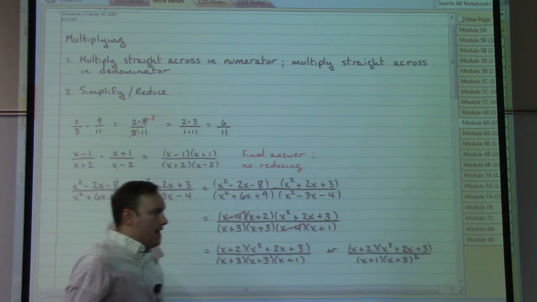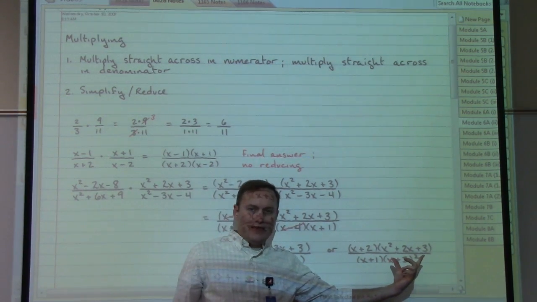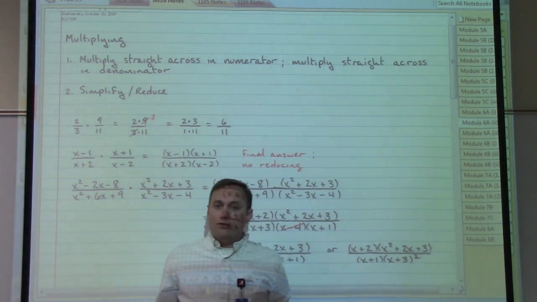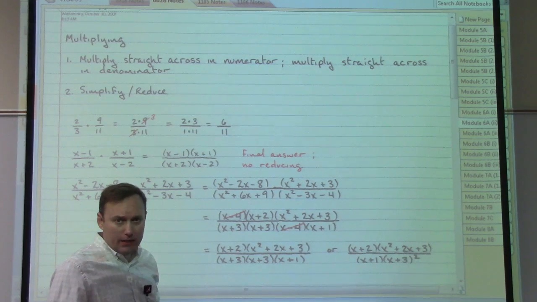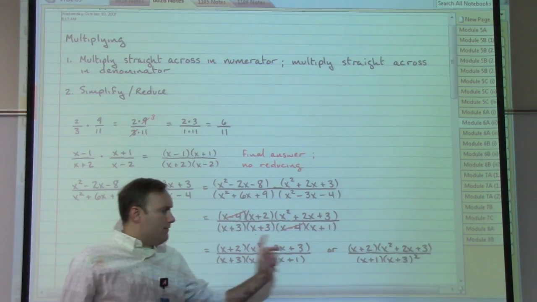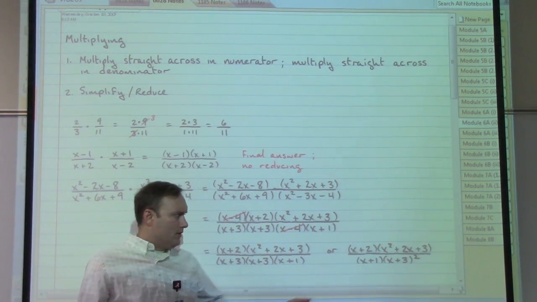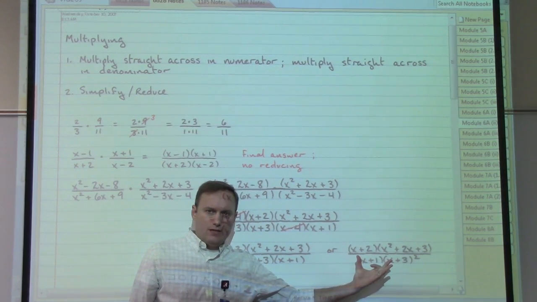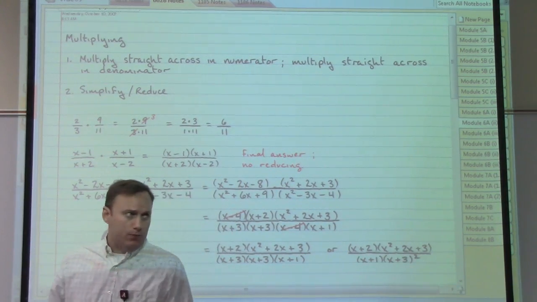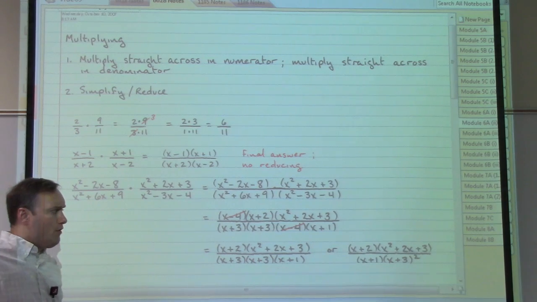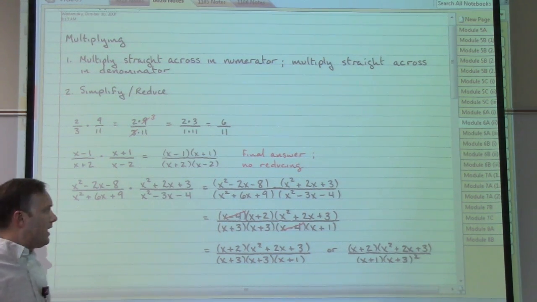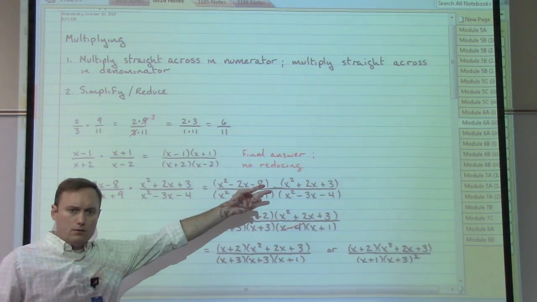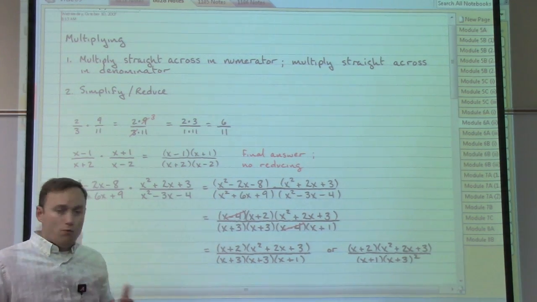I'm choosing to write that x plus 3 with a power of 2 at the end of that denominator so that power of 2 does not somehow get lost in the mix or accidentally overlooked. So we've got these options, the more direct or the slightly more condensed version, for writing our answer. But the basics again are that we're multiplying straight across, and then we are reducing.